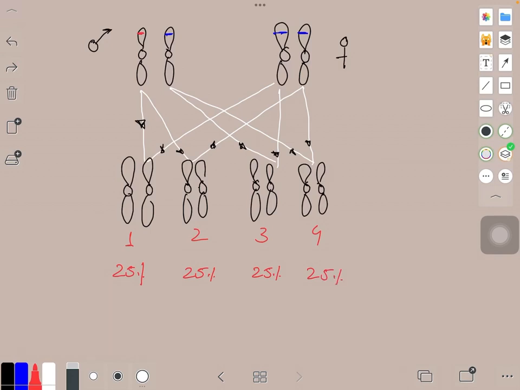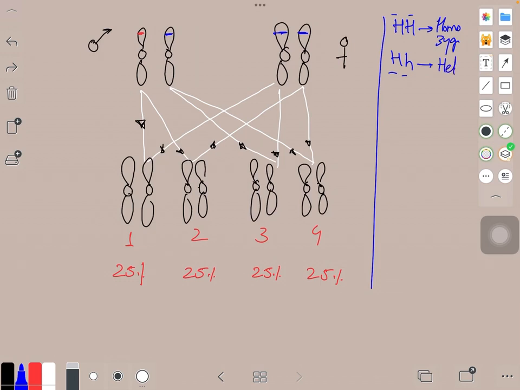Before moving on further, there's a very important thing I must tell you. Hope you're aware of homozygous and heterozygous conditions. You can change the letter, but the concept remains the same. If both the letters are bold, it is a homozygous condition, and if one is big and one is small, it is called heterozygous.